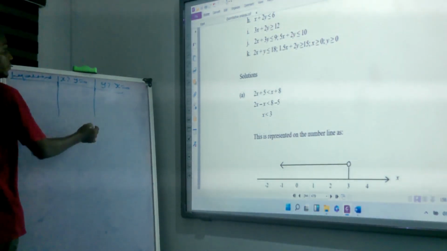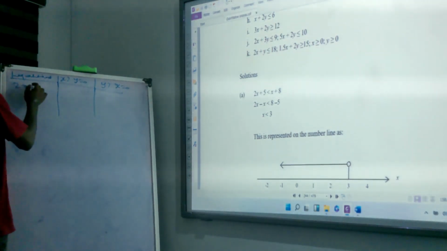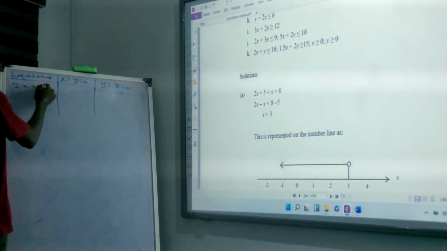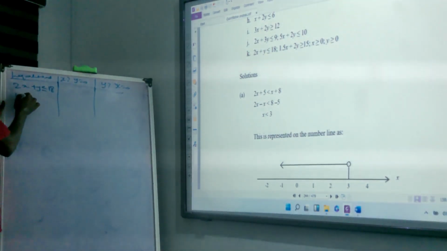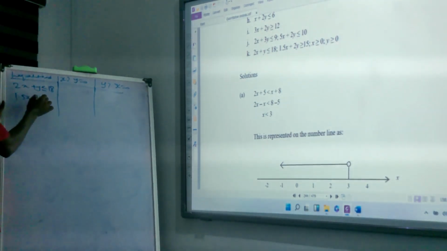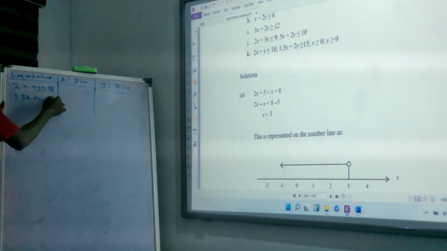So for the first equation, I have 2x plus y less than or equal to 18. For the second, I have 1.5x plus 2y greater than or equal to 15.